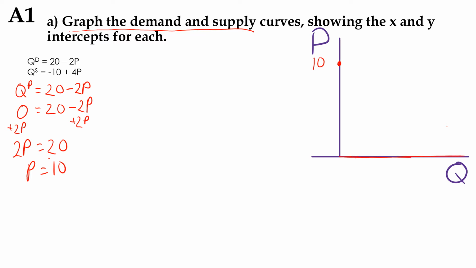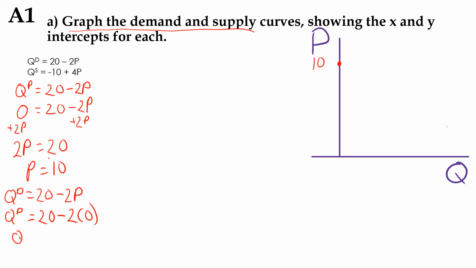At this level here, P, or price, equals 0. So it's pretty easy stuff. All I have to do is, again, bring down my equation. Quantity demanded equals 20 minus 2p, and I'm just going to make that p equal 0, so 2 times 0.